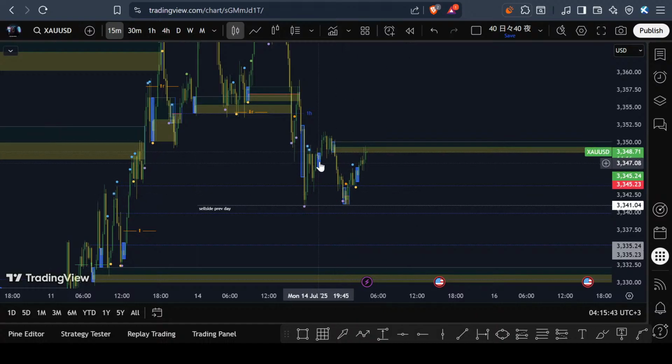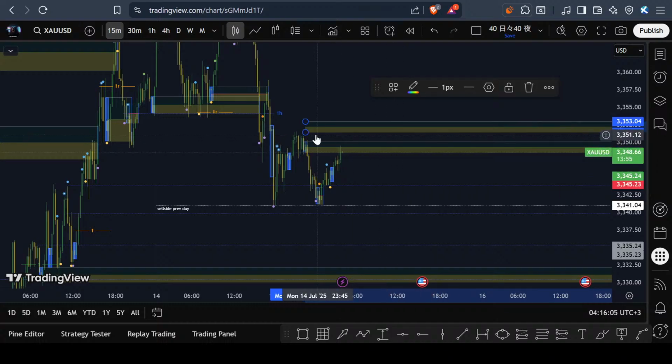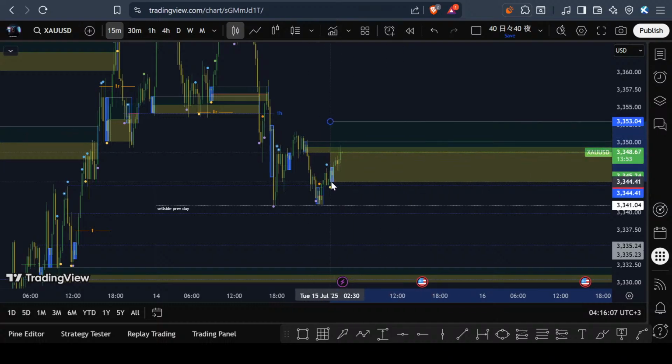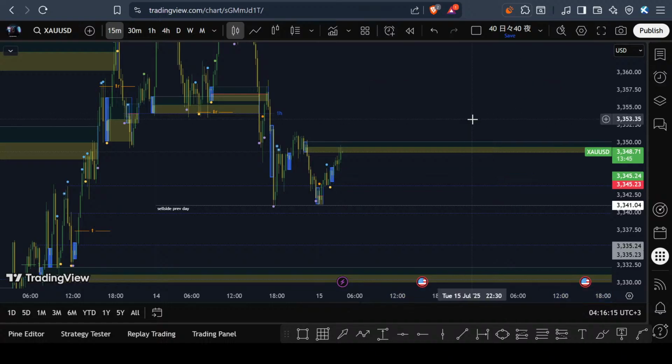This is the oldest compared to this one. I hope you get the point. If price breaks this and closes above this supply, this order block, I'm willing to highlight this level. But until that happens, I'm not going to highlight that level yet. Alright, hope that is a cleanup.